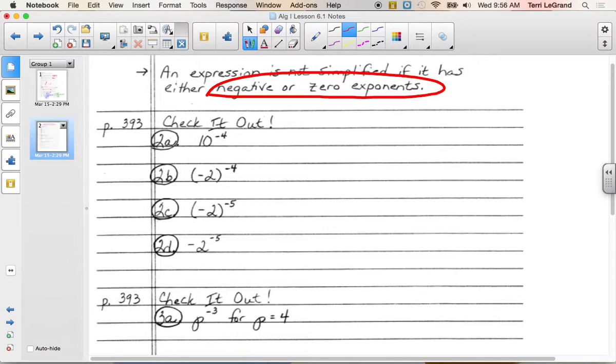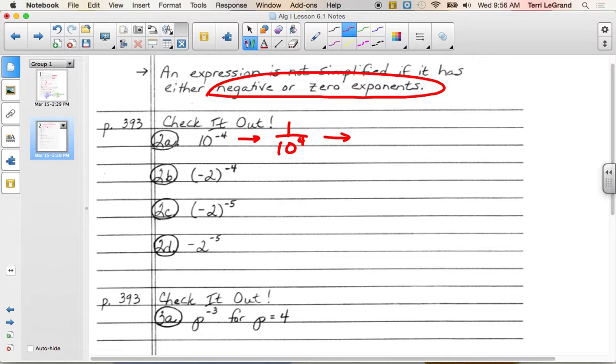1 over 10. Yeah, so this can become 1 over 10 to the 4th power. And then you don't really have to show what 10 to the 4th power means. What does 10 to the 4th power mean? 10 times itself 4 times, right? You don't have to show that, but what is 10 to the 4th power? 10,000.